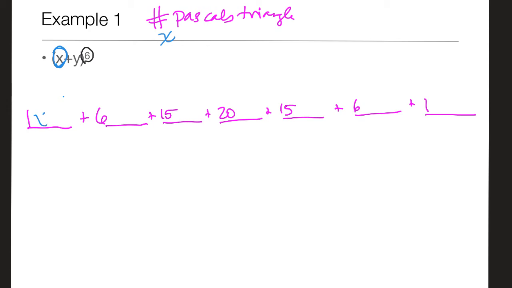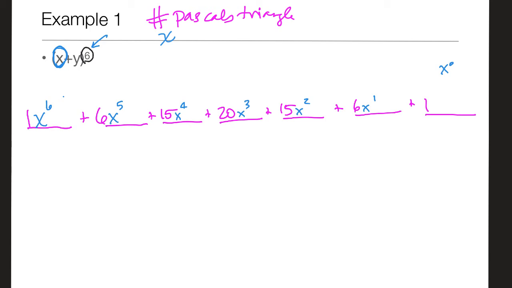We're going to take that x and raise it to that power, and the exponents are going to decrease all the way down. So this is going to be x to the 5th, and x to the 4th, and x to the 3rd, all the way down. Now this last one, I could write x to the 0 in there, but x to the 0 just equals 1, so I'm not even going to write it.